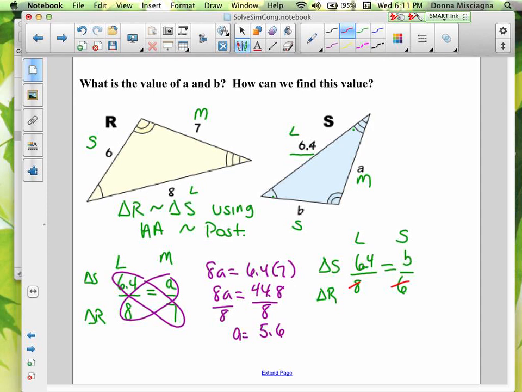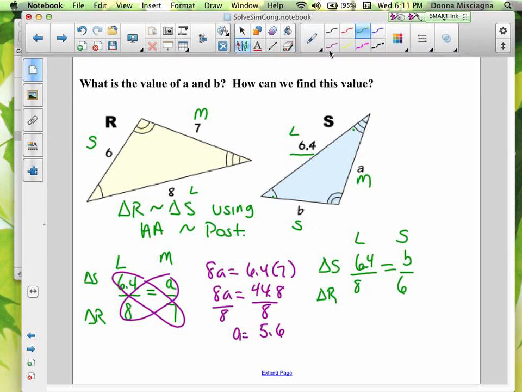They're both divisible by 2, so that would be 4 and 3. You don't have to. You could leave it just the way it is, or you could reduce. It really doesn't make much of a difference in this problem. I think I may just not even bother with the reducing.